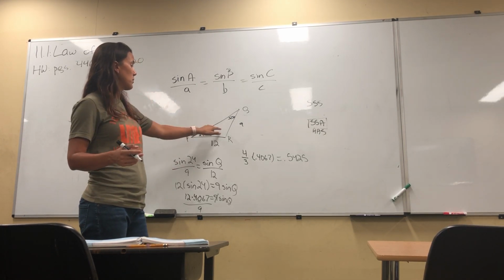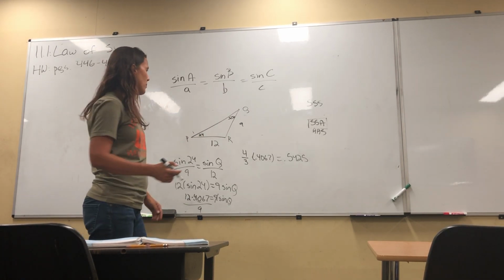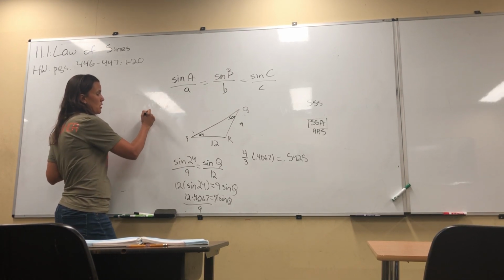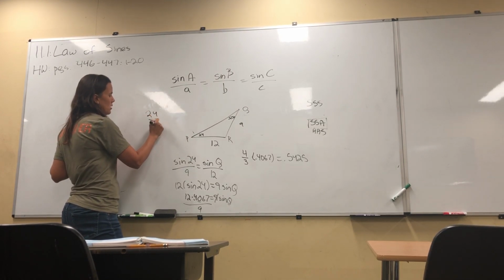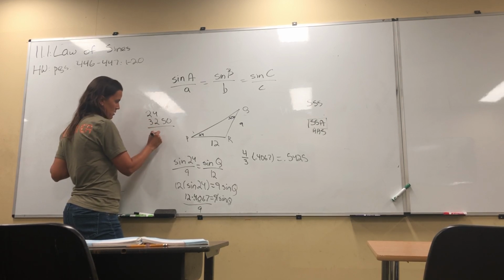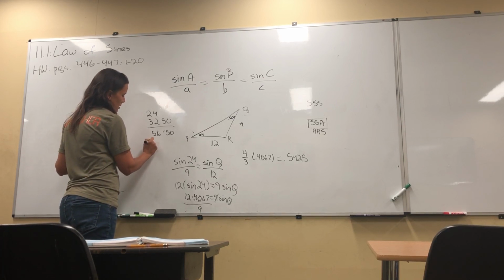So what does that do? That means we can find R. Once we have the angle R, we can find that length, okay? So how do we find R? Remember, we know that all the angles add up to 180, so we just do 24 plus 32.50. I'm not gonna follow rules here, because I know what this is, it's gonna be 56.50. And then you have to do 180 minus that, right?